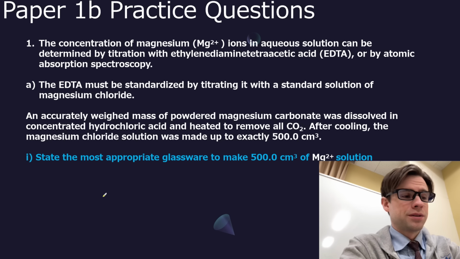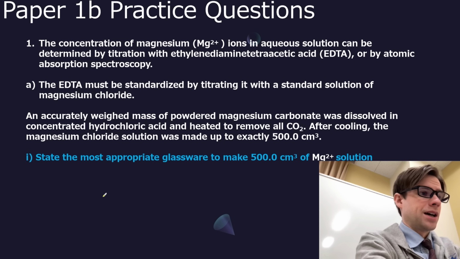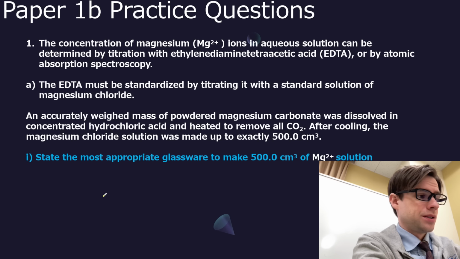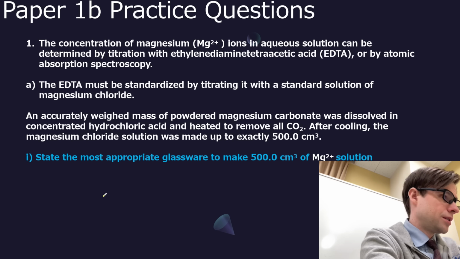There are beakers, volumetric flasks, graduated cylinders. But when you are making a solution of a set volume for a standard solution, the best choice is the volumetric flask of exactly this size, that has a line on it that will directly identify when you've filled it to 500 centimeters cubed.